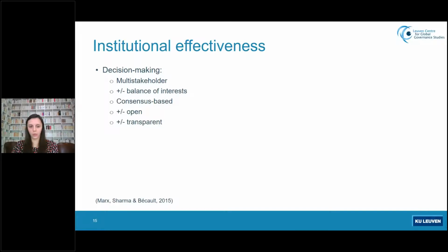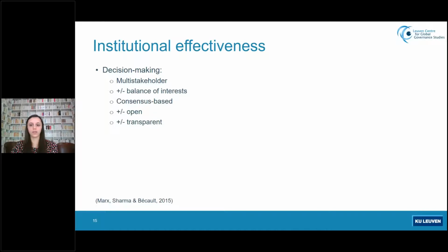So for example, within the FSC's General Assembly, decision-making is shared between three chambers, which respectively represent economic, social, and environmental interests. And within those three chambers, developing countries and developed countries are also equally represented.